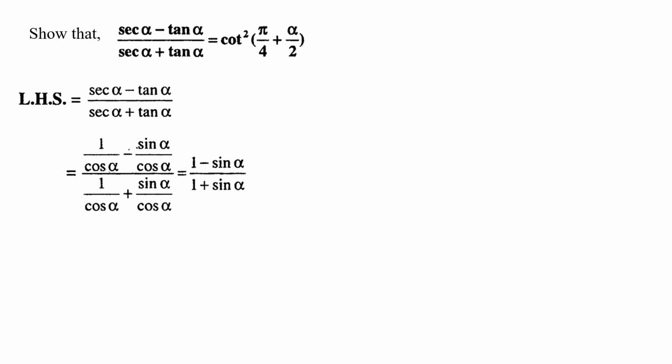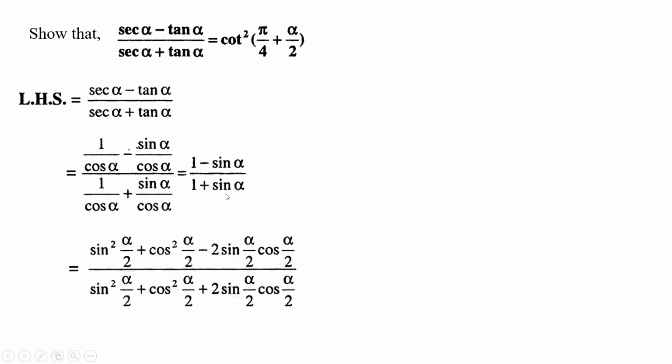And you know sec alpha equal to 1 by cos alpha and tan alpha equal to sin alpha by cos alpha. So this will be equal to (1 minus sin alpha) by (1 plus sin alpha).